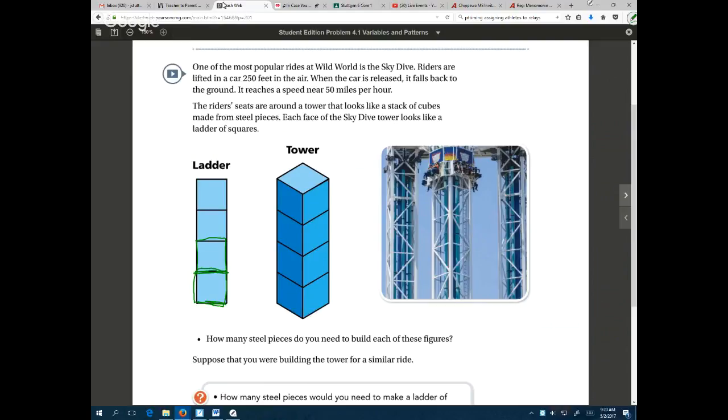What do you do? Try it with 3 now. So start with the rate of change, and then you figure out the add or subtract.